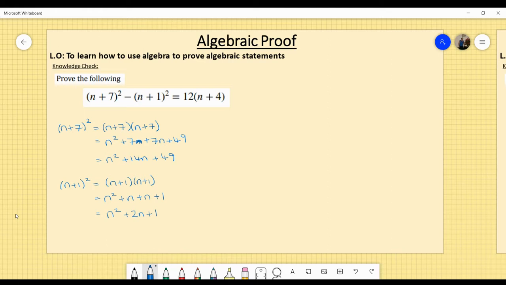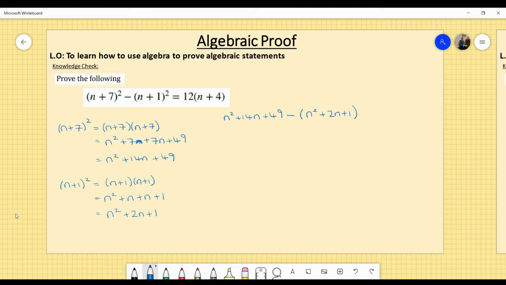And you need to be really careful at this point. So my n plus 7 squared was n squared plus 14n plus 49. And we're taking away all of the solution to this one once we've expanded it. So we're going to put it in a bracket so that we're really careful with that. So n squared plus 2n plus 1.